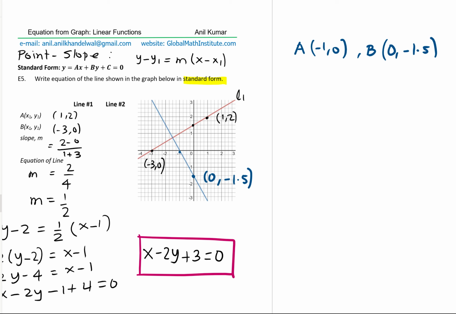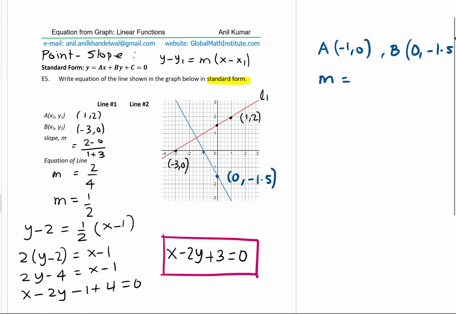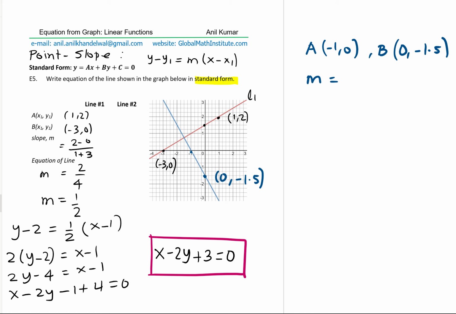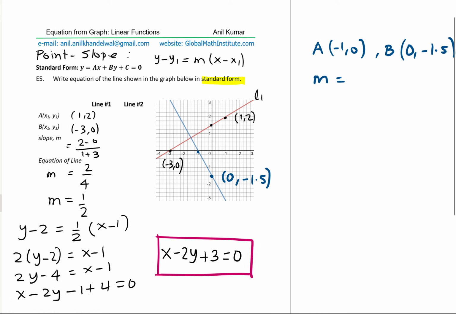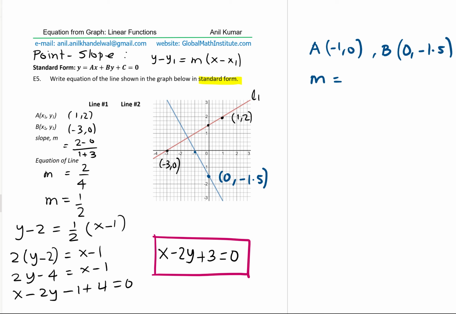Since we have these 2 points, let's find the slope. The slope will be m equals y2 minus y1 over x2 minus x1.